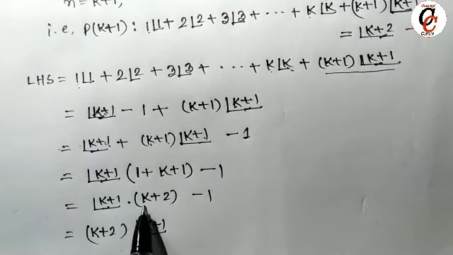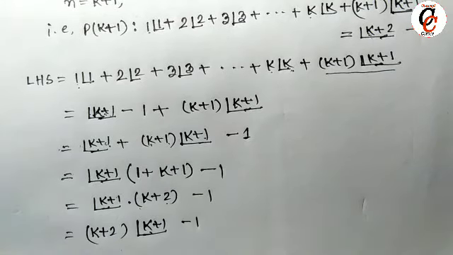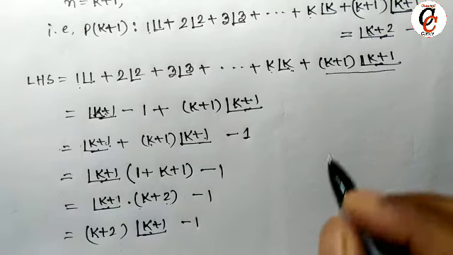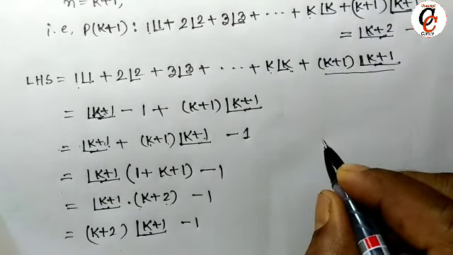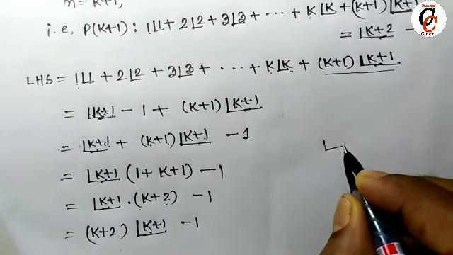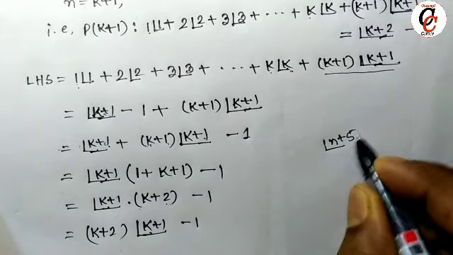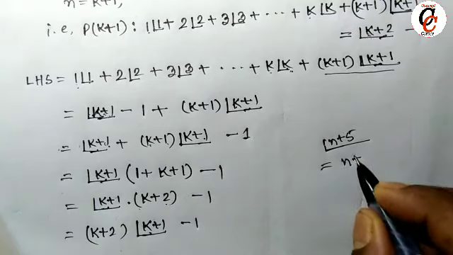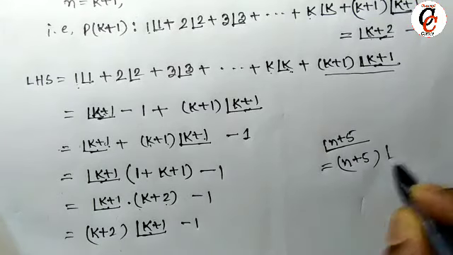I have just written k plus 2 first, then factorial k plus 1, and minus 1 is there. Now see, before starting this sum, I told you, if I write factorial n plus 5, it can be written in this way or not? N plus 5 whole into factorial n plus 4.